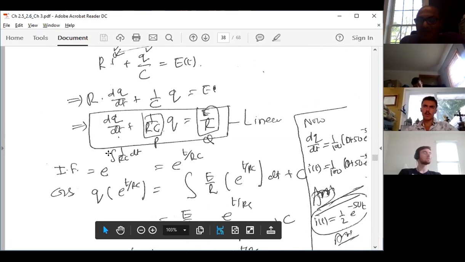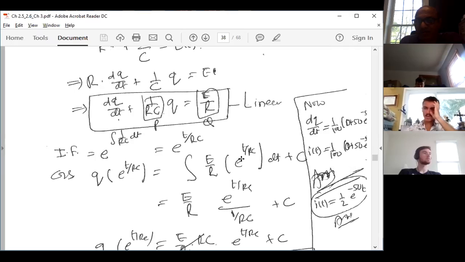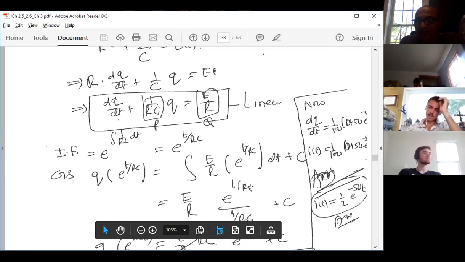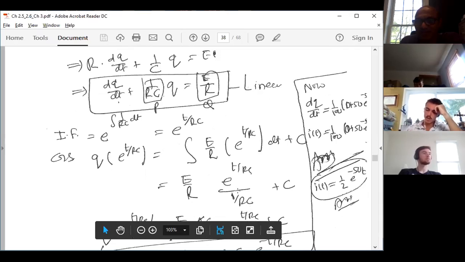And the general solution is the dependent variable Q times the integrating factor equal to the integration of the right-hand side, E over R times the integrating factor, dt, plus C. General formula. E by R constant, the integration of e to the power t over RC is e to the power t over RC divided by 1 over RC. Otherwise, you can take 1 over RC equal to u and you will get this thing.